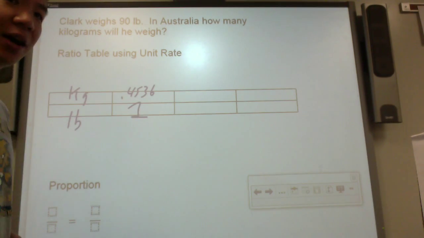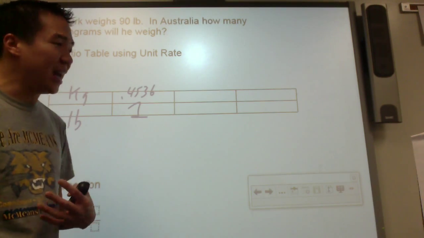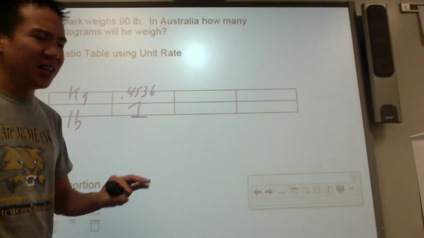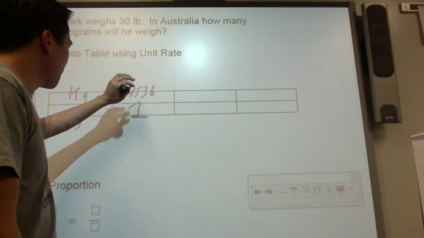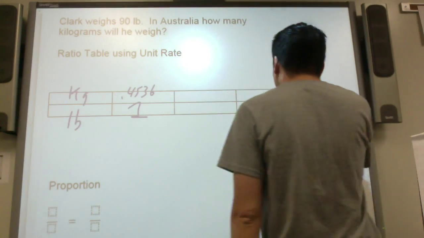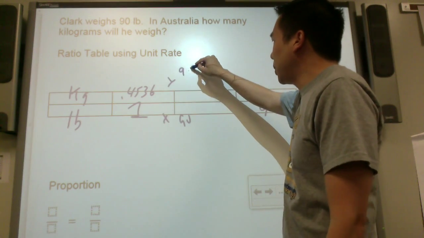For every 1 pound, if you go to a different nation, Canada, Great Britain, Europe, anywhere in Asia, a pound is equal to about 0.4536. You could say the ratio is almost about half a kilogram to 1 pound. So if Clark weighs 90 pounds here in America, how do you scale up? You multiply by 90.